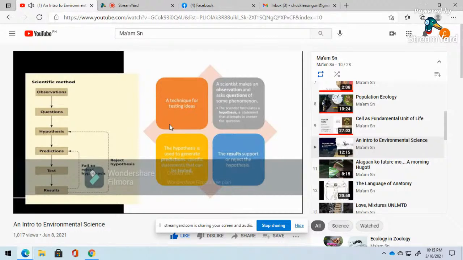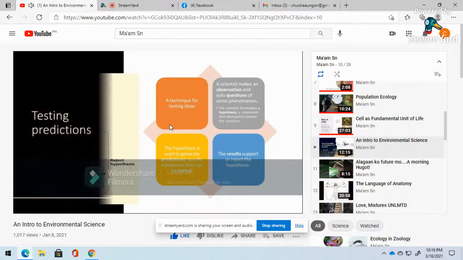The scientist formulates a hypothesis, a tentative solution to a problem, a statement that attempts to answer the question. This is used to generate predictions, and the results will either support or reject the hypothesis.